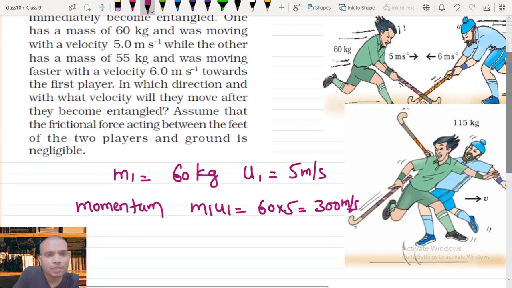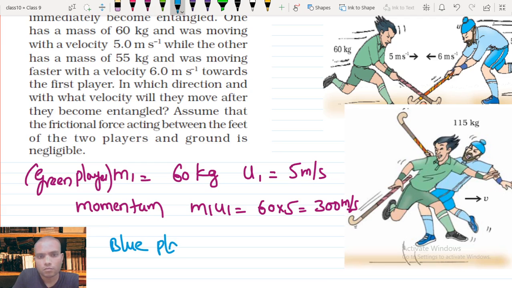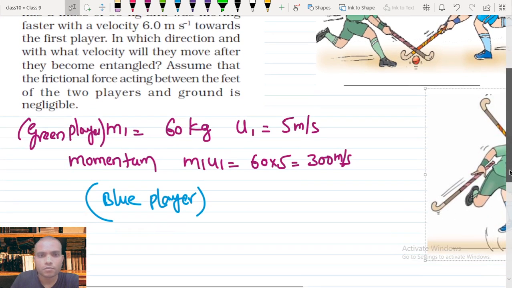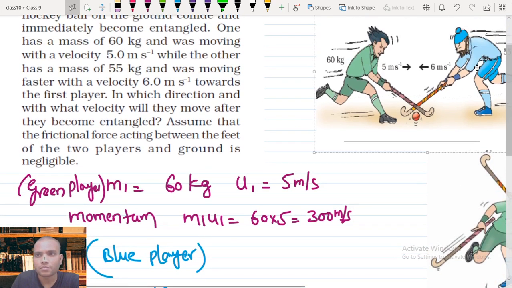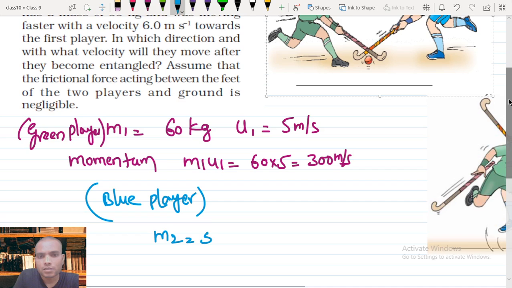This is for the green player. Now for the blue player, mass m2 equals 55 kg, the mass of the blue player, and velocity u2 equals 6 meters per second.